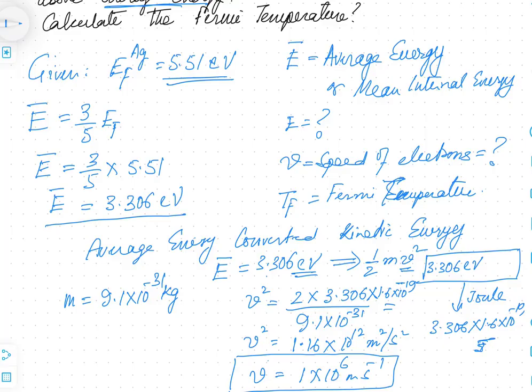So this is the second part. The most important is to convert the unit of energy, electron volt, to joule by multiplying with 1.6 10 raised to minus 19.